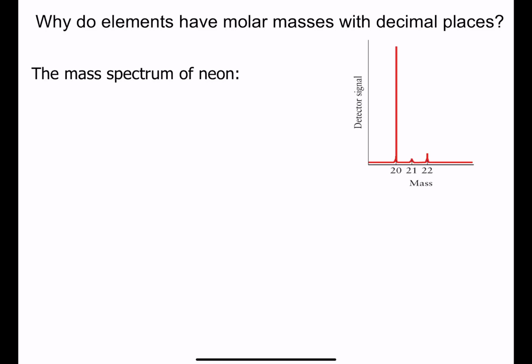So to address that, let's look at this mass spectrum of neon. Neon is element number 10 on the periodic table. So that means it has 10 protons, 10 electrons, and it looks like a variable number of neutrons.